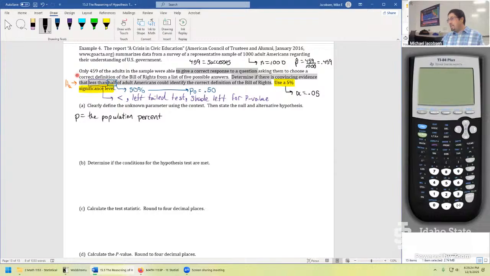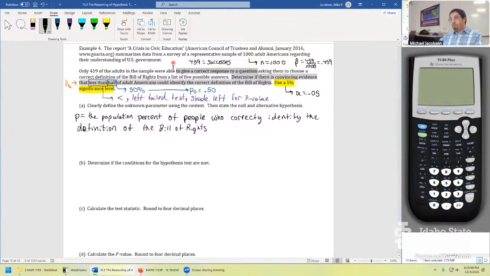Let's say the population percent of people who correctly identify the definition of the Bill of Rights. I'll skip the multiple choice test part of the context. We'll let the overall problem carry that portion. But we should mention the population.